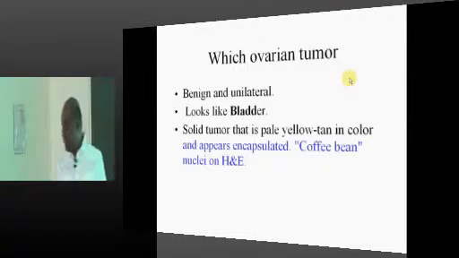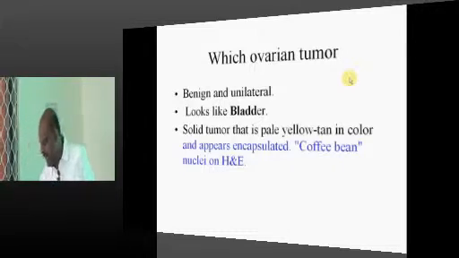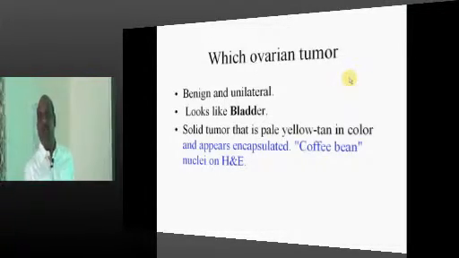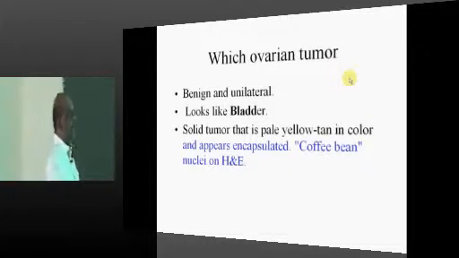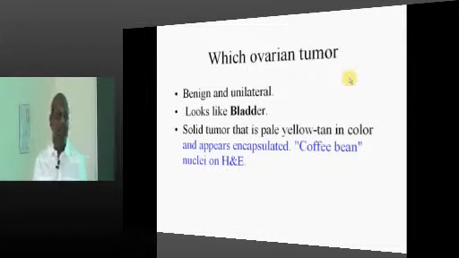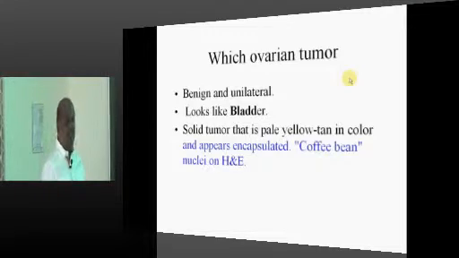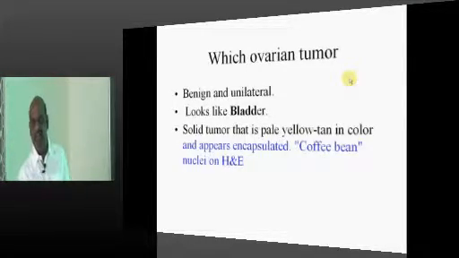Excellent. We get one answer already from Dr. Shweta in Warangal, who agrees that it is granulosa cell tumor. Do you also like to say the same? Benign, unilateral, looks like a bladder, encapsulated, coffee bean nuclei. I have not yet got the answer.